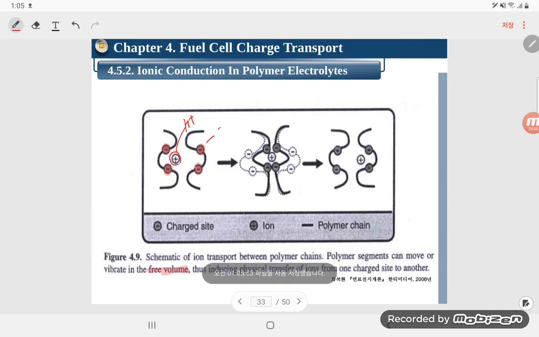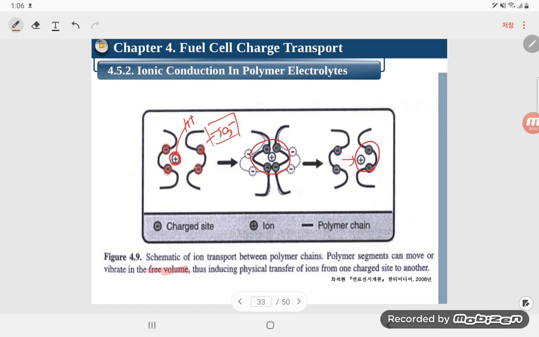and in the Nafion case, this is the SO3 minus sulfonic acid. So they attract H plus first in here, and they contract, and in this left side chain they emit the proton to the right side.